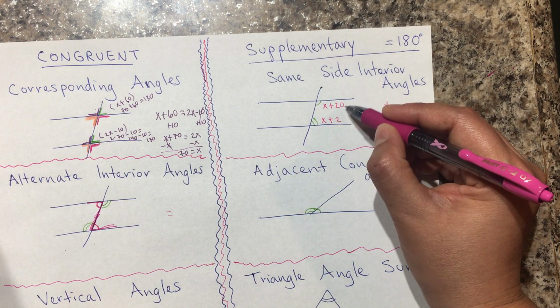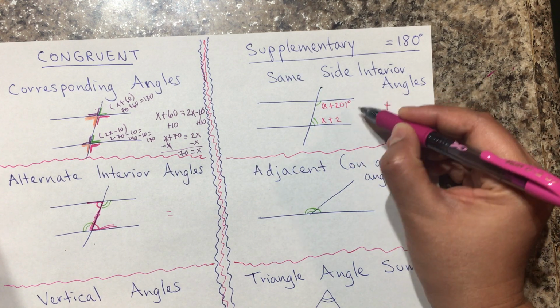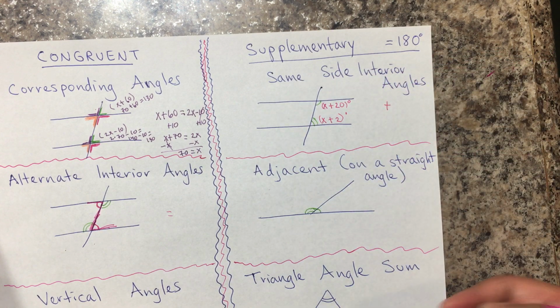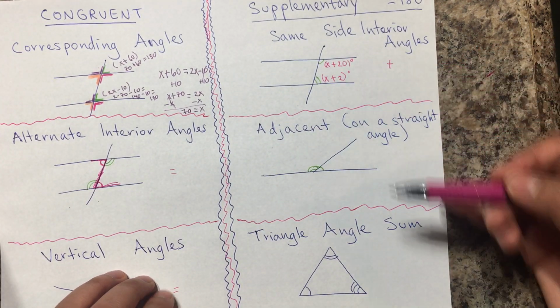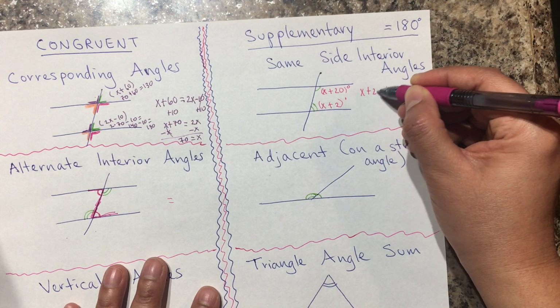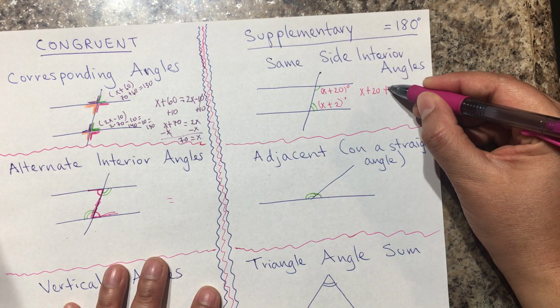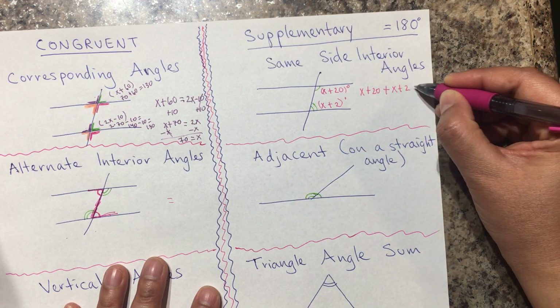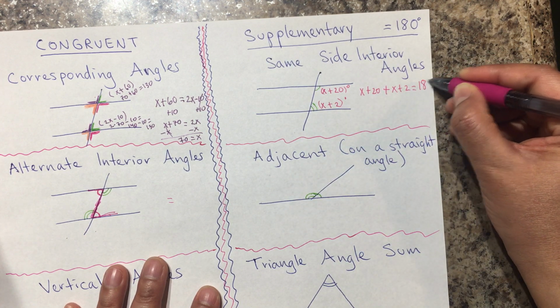And this usually has a degree sign in here. For these types of pairs of angles, you have to put them together: x plus 20, that's one of them, plus x plus 2, and that's going to be equal to 180.